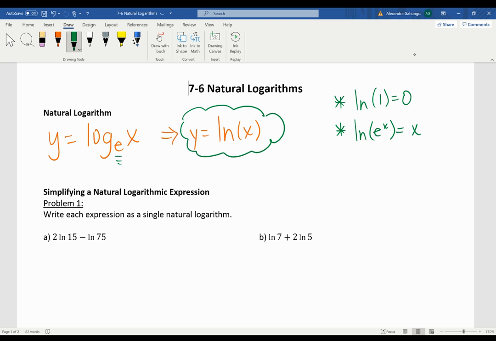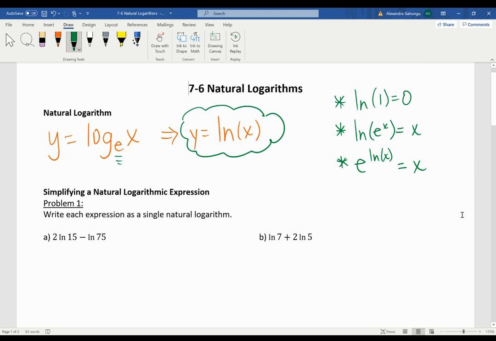So if you have log base e, which is ln, natural log, and you have an e there, they'll cancel out. Same thing if you take the exponential function e to the ln x power, those two will cancel, the e and the ln, and you'll just be left with x.